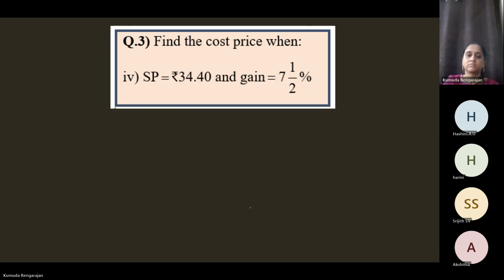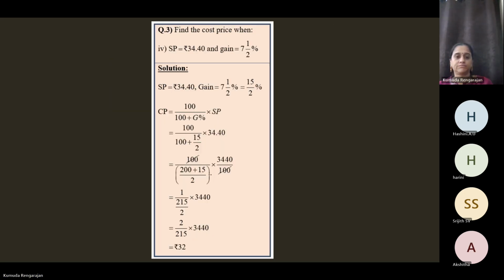Correct? Three 34.4. So shift the decimal point. So it will be 344 by 10. Correct?